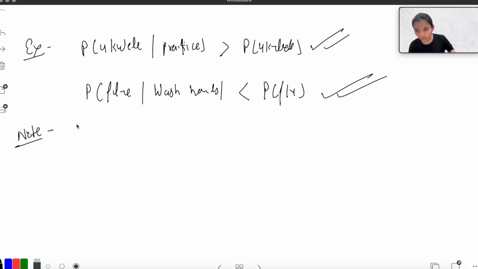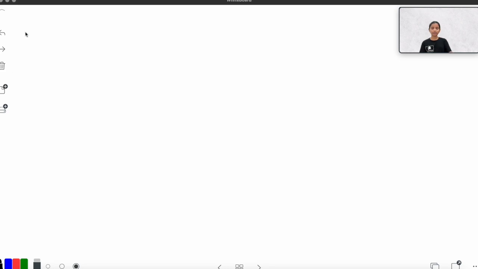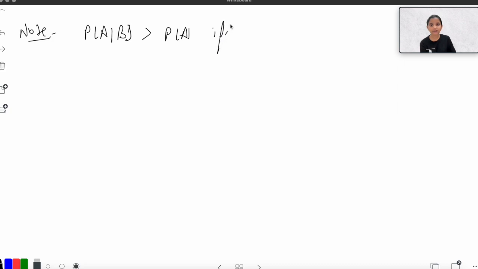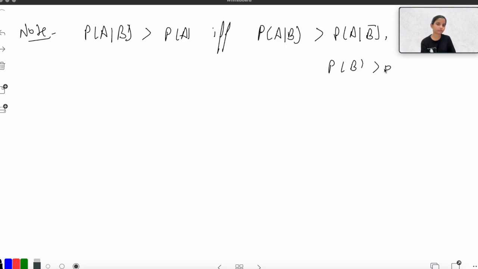Let's take a new page. We are saying that probability of A given B is greater than probability of A if and only if we have probability of A given B greater than probability of A given B bar, for probability of B or B bar greater than 0.